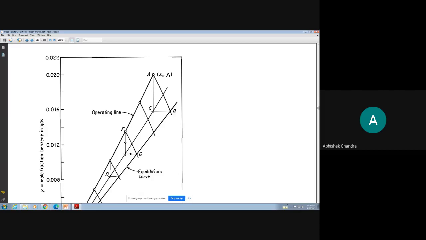You can't go above or below this range, whatever the value of x and y, that is, the inlet composition of y and the leaving composition of y. Within this range you can take any value of y and correspondingly you will find out the yi, and similarly for xi, if you want it, otherwise yi is sufficient to find out the number of transfer units.